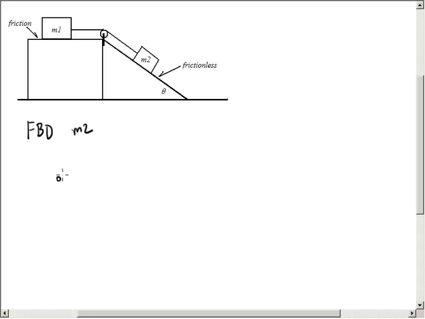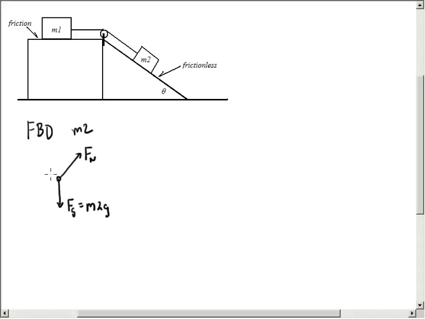Well, let's start over here, and we have a normal force, and remember that the normal force is perpendicular to the surface of contact. So normal force is going to act in this direction. Then we have the force of gravity, and that's just going to be m2 g.